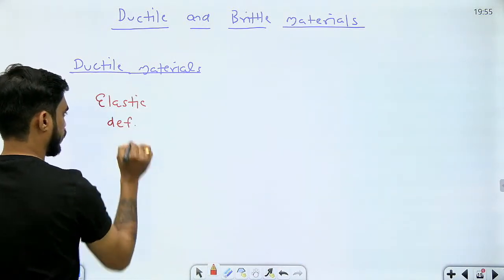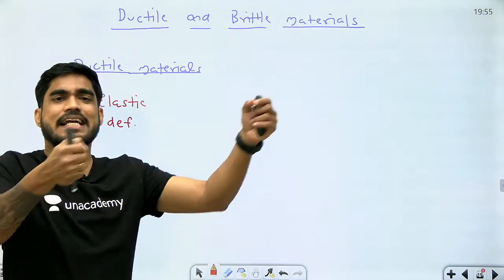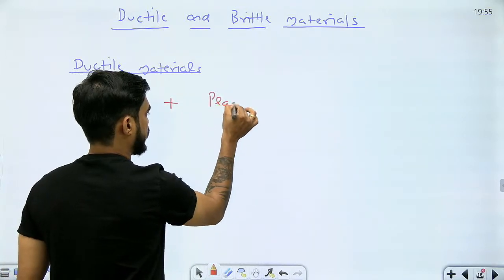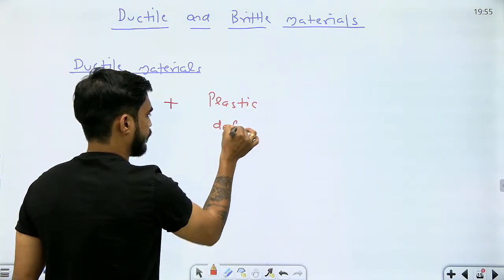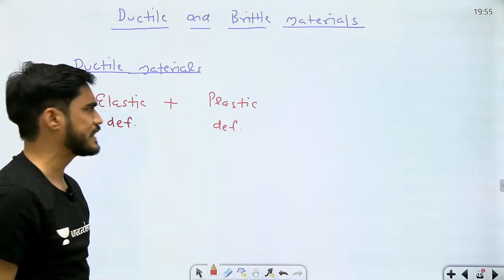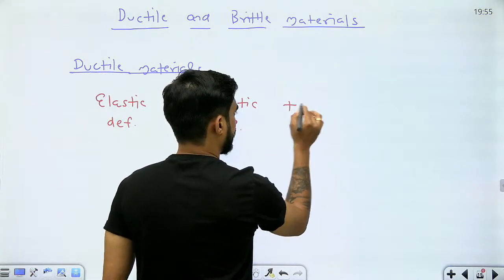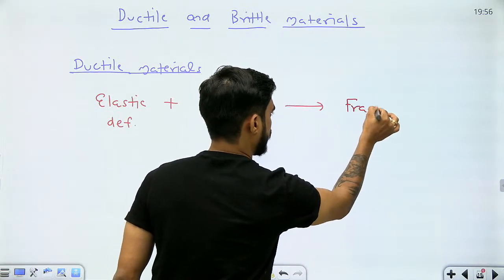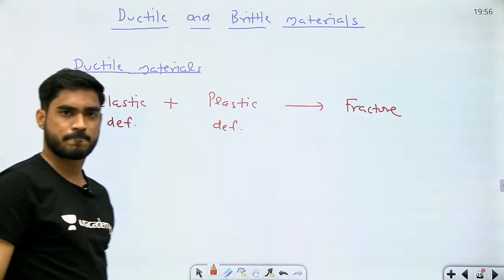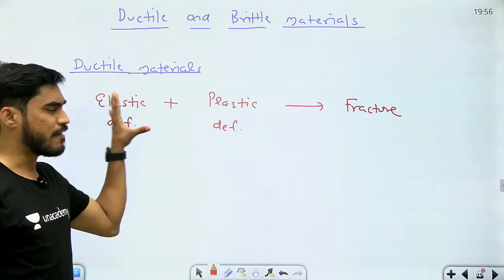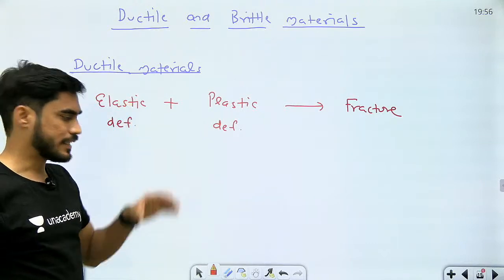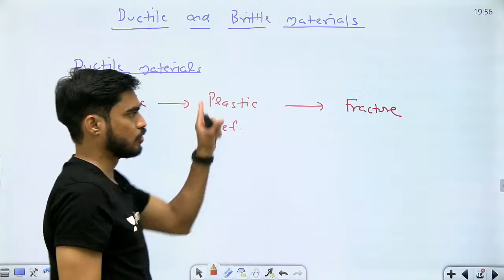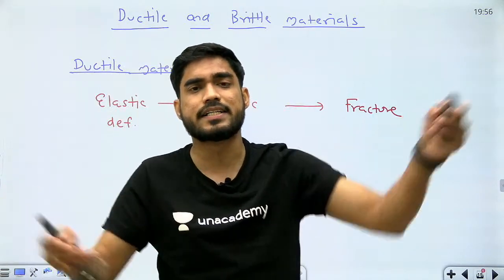Then if I increase my load, there will be plastic deformation, which is going to be very large, and then the material is going to fracture. First there will be elastic deformation, then plastic deformation, and then the material is going to fracture if I keep on increasing the load.